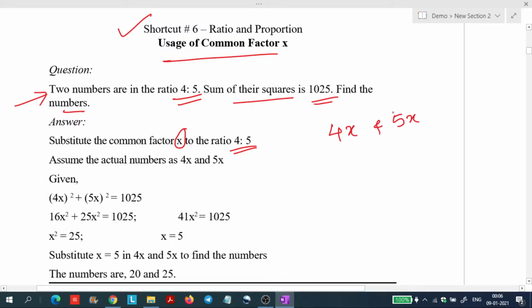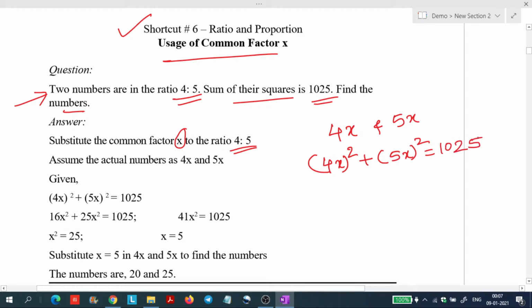Let us assume the numbers as 4x and 5x, because the ratio they are given is 4 is to 5. What they are given is the sum of their squares, so this is the given: 4x squared plus 5x squared is 1025.